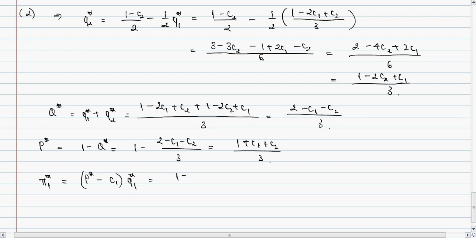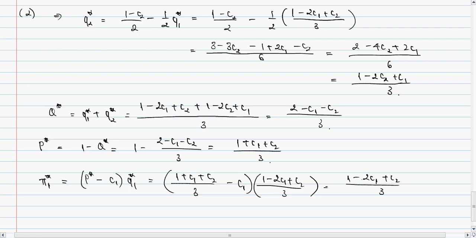So we know the price equals (1 plus C1 plus C2) on 3, and then minus C1, which is the average cost of production for firm 1, and multiplied by the quantity produced by firm 1, which is (1 minus 2C1 plus C2) on 3. So the first bracket, if you multiply 3 into C1 to make the common denominator become 3, you will get that equal to (1 minus 2C1 plus C2) on 3, and that is exactly equal to the thing in the second bracket.